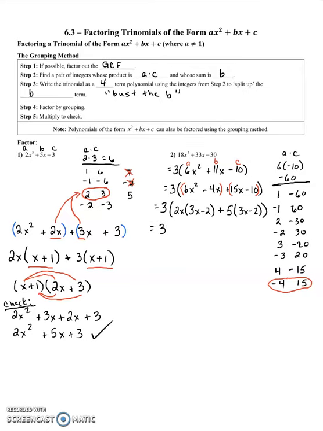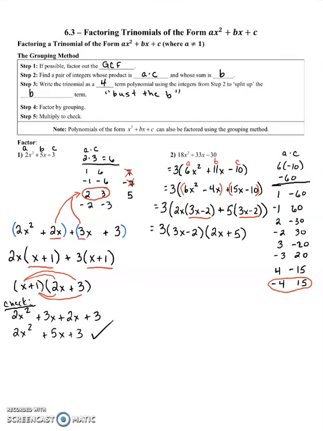Now, if you notice, inside the biggest set of parentheses, we have a 3x minus 2 in each term. So we still have that 3 hanging out front. And then we have a 3x minus 2 times a 2x plus 5.